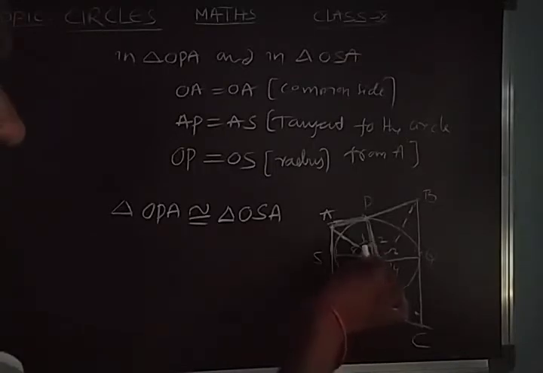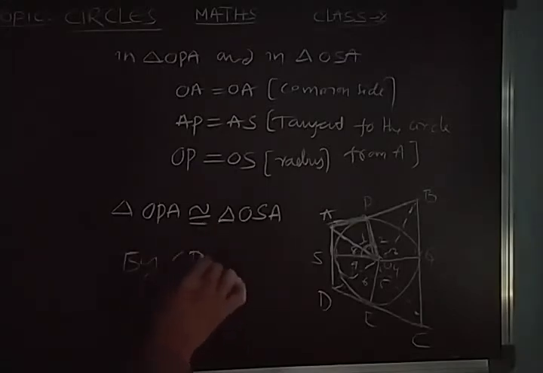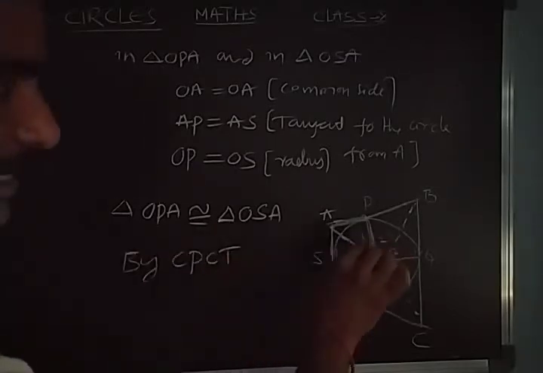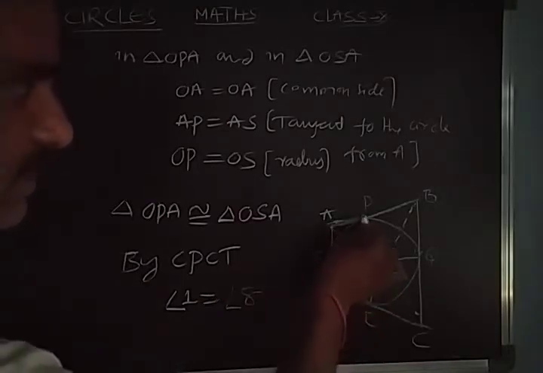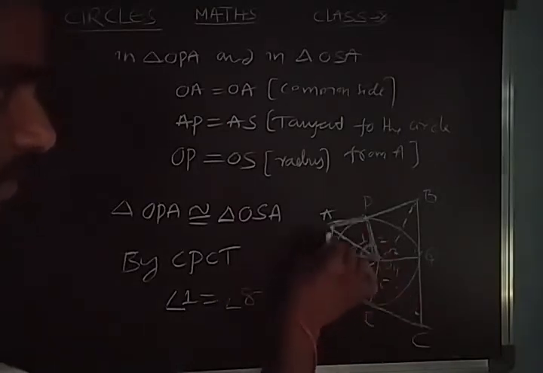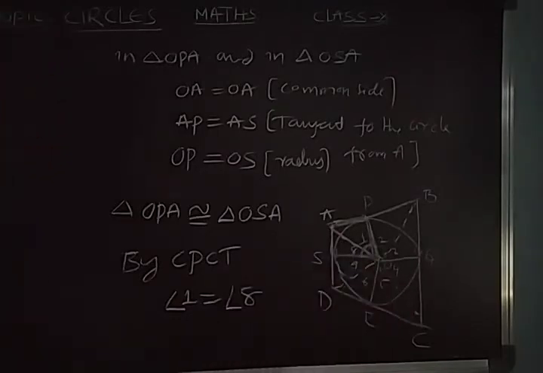From the figure, angle 1 and angle 8 are equal by CPCT. Why? Because they are congruent, no? By CPCT, corresponding angles are equal. So angle 1 is equal to angle 8, because AP is opposite angle 1, and in this triangle AS is opposite angle 8.